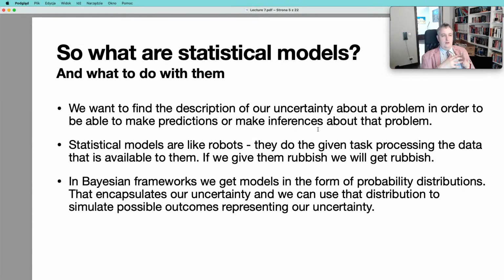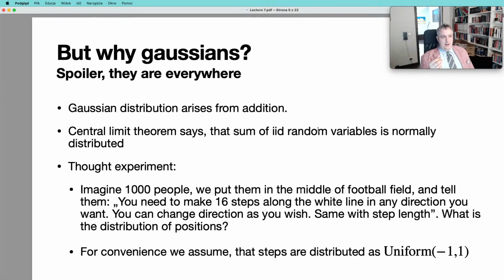And in case of Bayesian modeling, we get the uncertainty about our data, about the process, encoded in our model. And we encode it with probability distributions, and that's why the normal distribution is so popular here, because of its many desirable mathematical properties and also certain relationships that make sense.